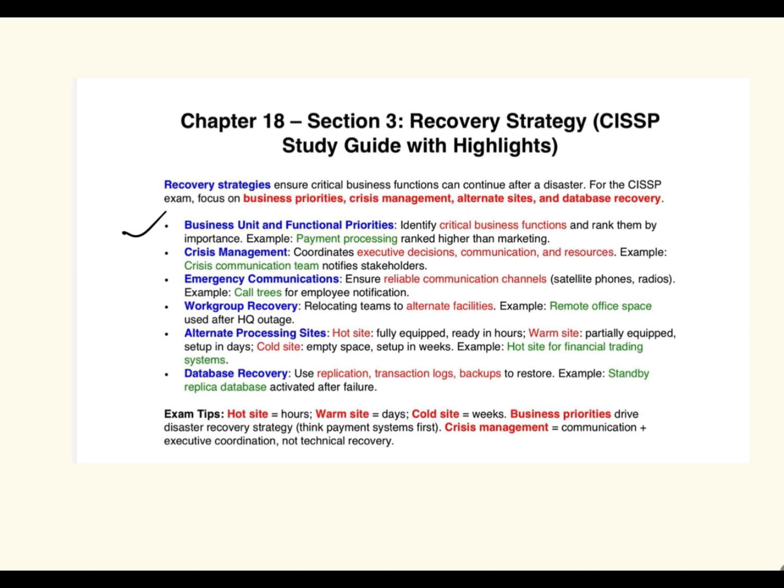You can put the marketing strategy on hold for a while. It's not an issue. If you stop marketing your product, it's not a big problem. But payment processing is a very critical thing.